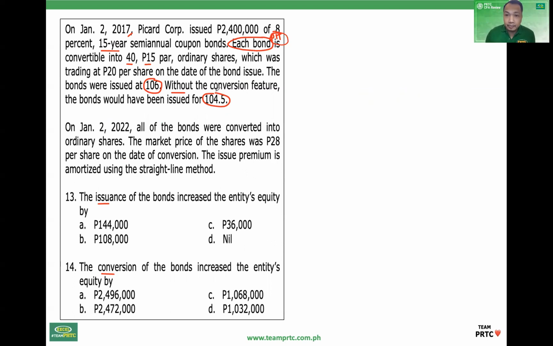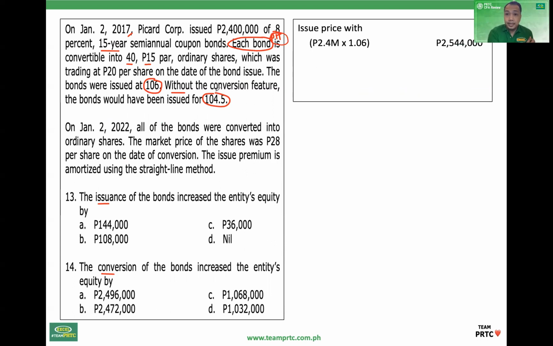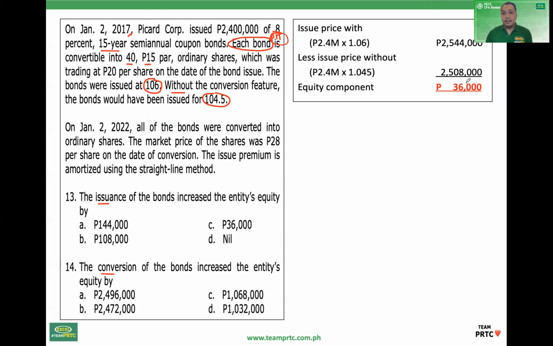With and without method, issue price with, 2,400,000 times 1.06. Without, 2,400,000 times 1.045. Bonds with flavor, with added feature, bonds without added feature. The difference, equity. Again, the split is made at issuance, at initial recognition.